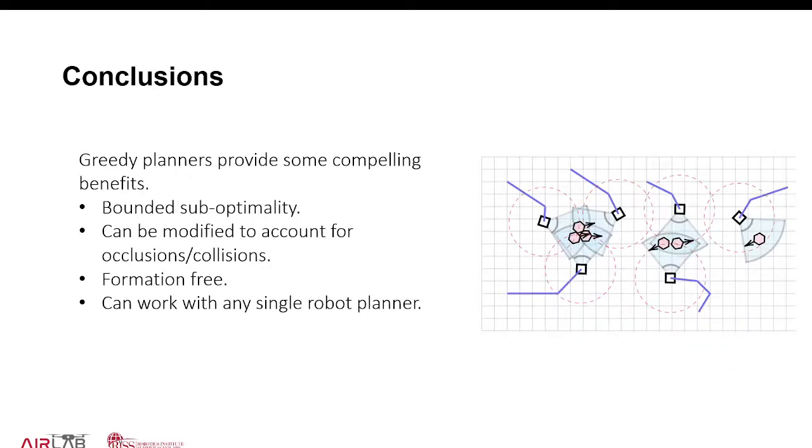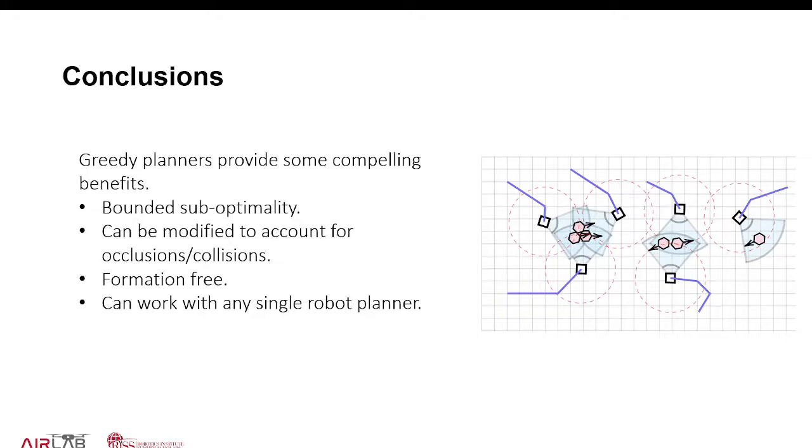In conclusion, greedy planners provide some compelling benefits. They can produce bounded suboptimality, and can be modified to account for occlusions and collisions, so we can update our objectives to reward exposing multiple target faces from different sides.